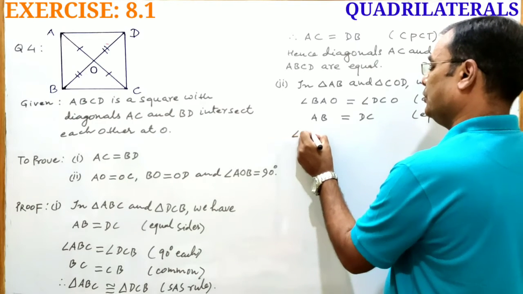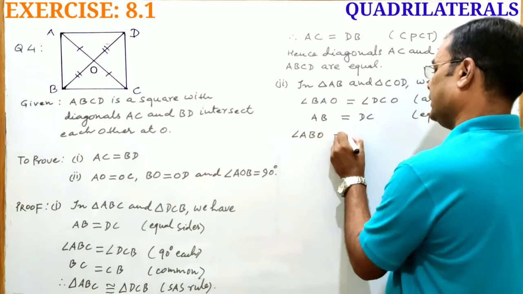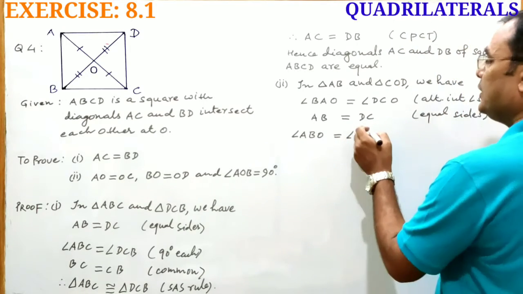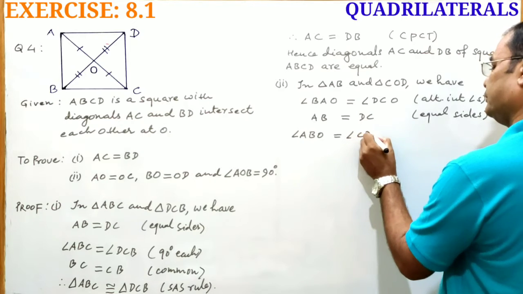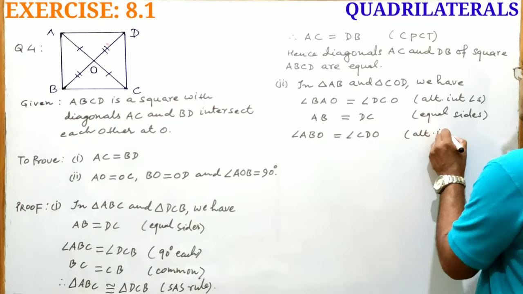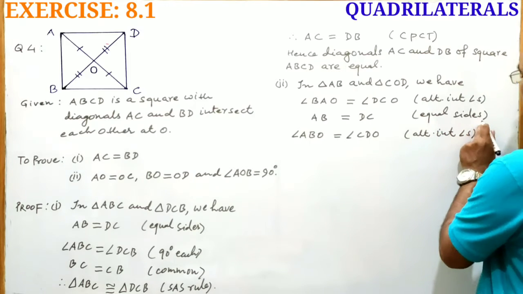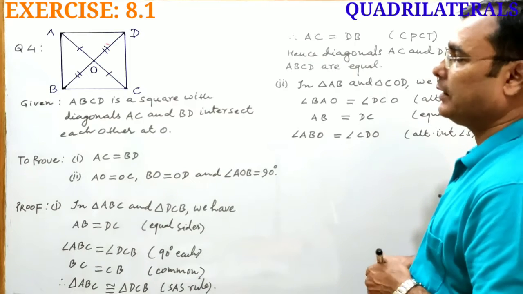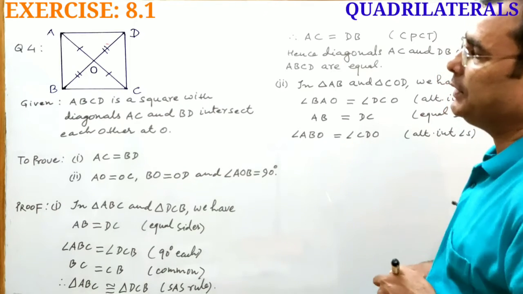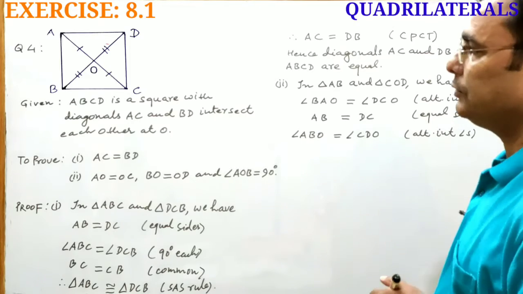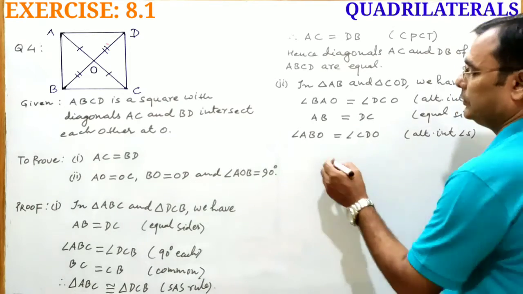Angle ABO is equal to angle CDO. Again alternate interior angles, because AB is parallel to DC and this time BD is transversal, so angle ABO is equal to angle CDO.